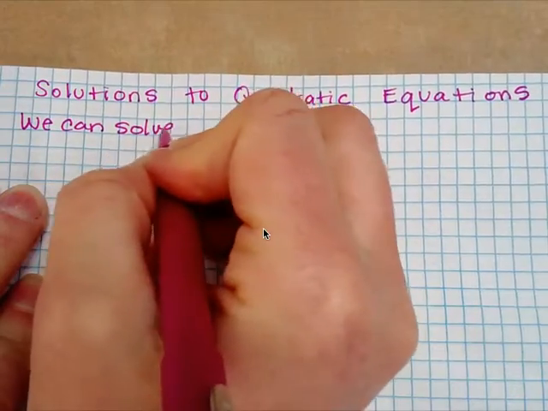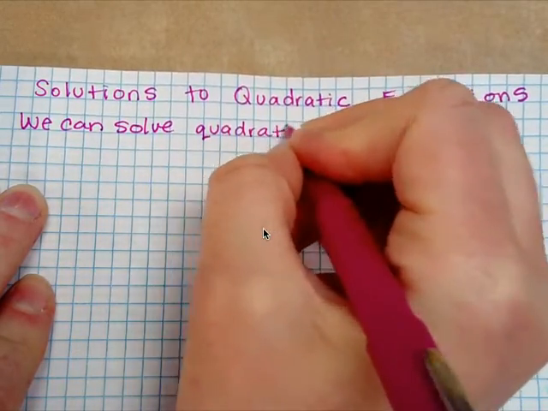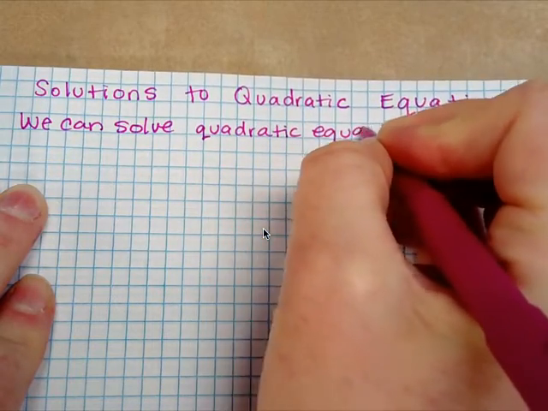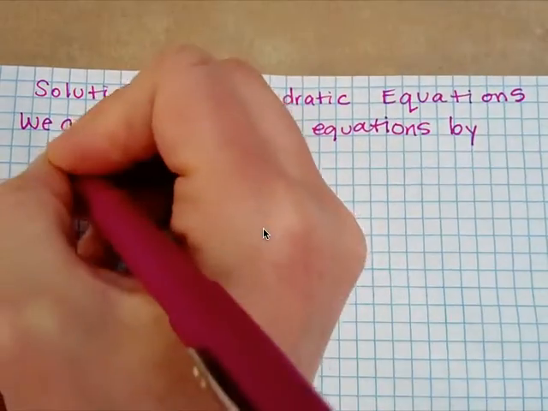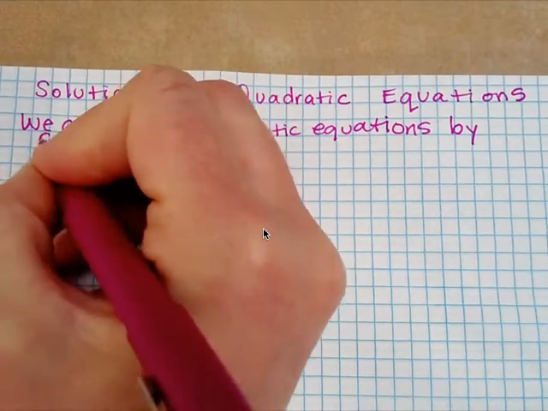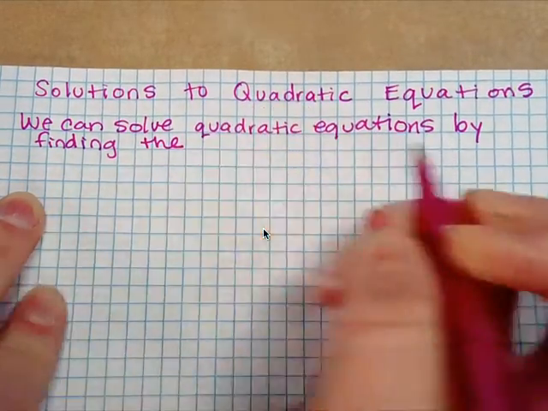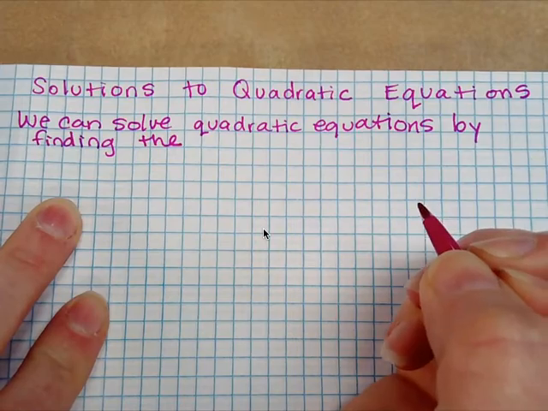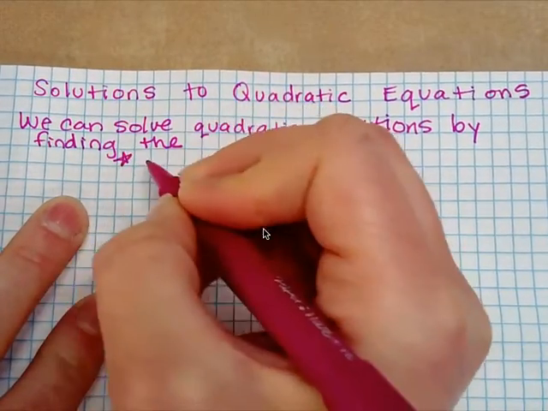We can solve quadratic equations by finding the, so the first thing is x-intercept.